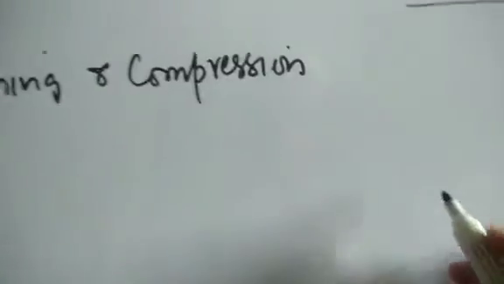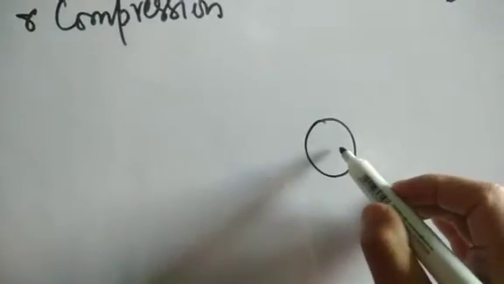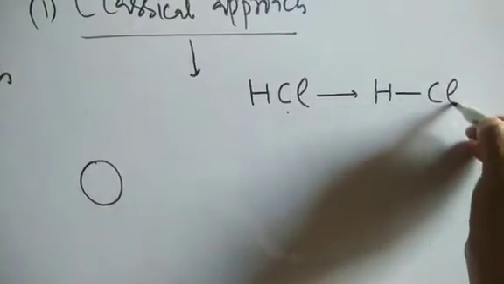So we'll take the example of a diatomic molecule, like HCl or whatever. If we show it as a bond, the HCl bond, in this spectroscopy we assume that it behaves like a spring.